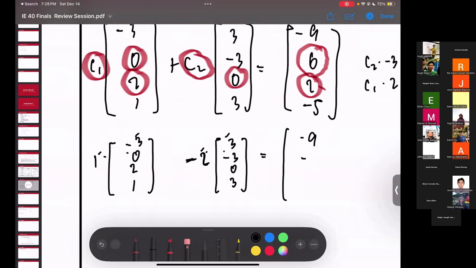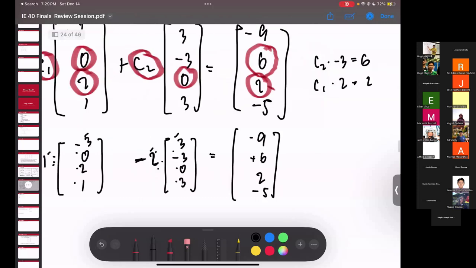So that's, negative 2 times negative 3. So that's positive 6. 1 times 2 plus negative 2 times 0. So that's positive 2. 1 times 1 minus 2, negative 2 times 3. So that's 1 minus 1 plus negative 6. 1 minus 6, negative 5. So it is the same.